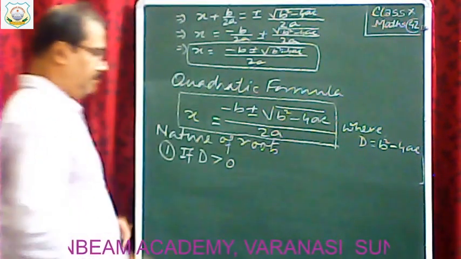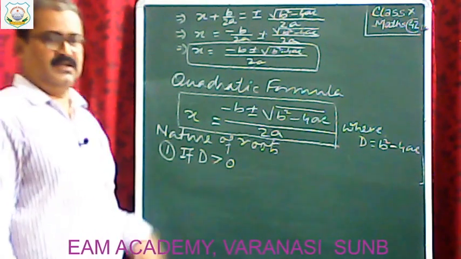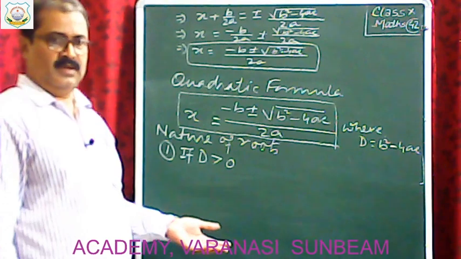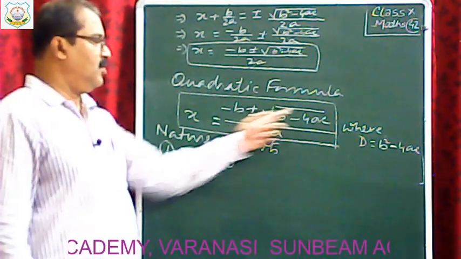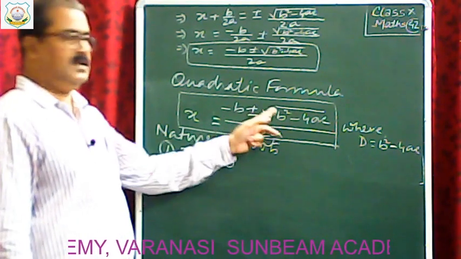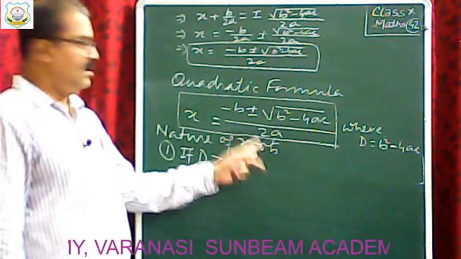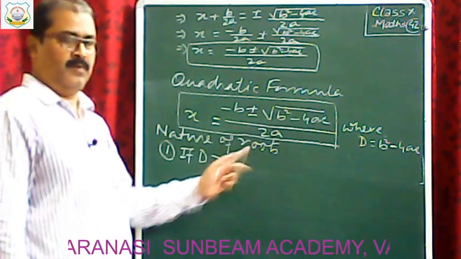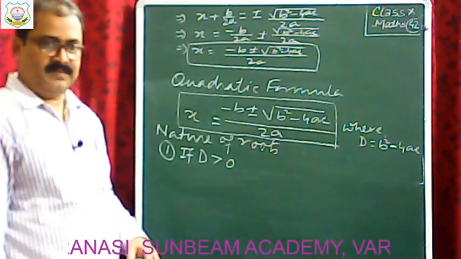If d is greater than 0, it means the value of d is more than 0. Suppose 25, so the square root of 25 we get 5. So minus b plus minus 5 whole upon 2a. So minus b plus 5 whole upon 2a, and minus b minus 5 whole upon 2a, both are not the same.